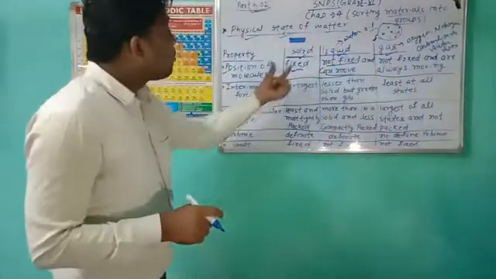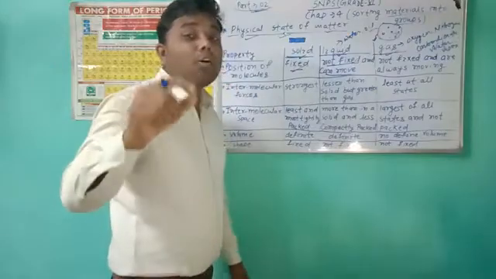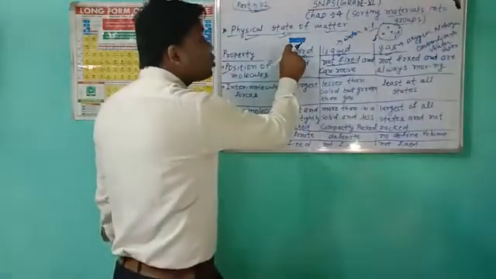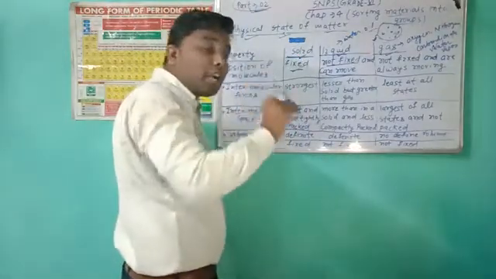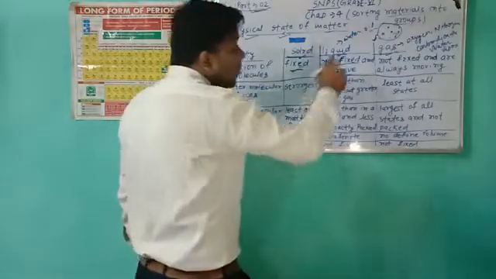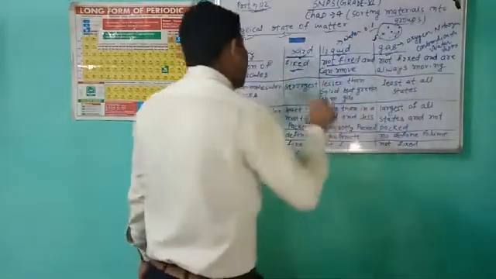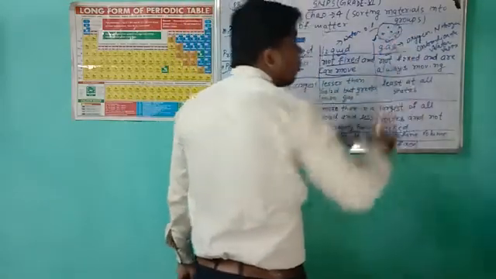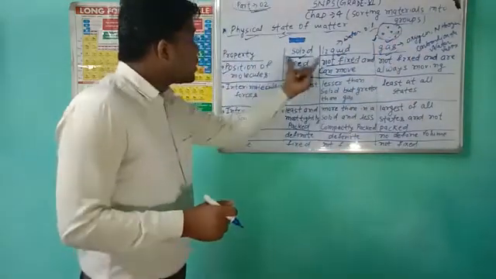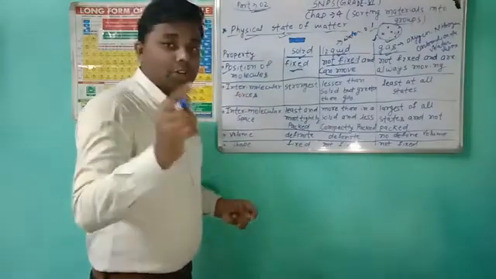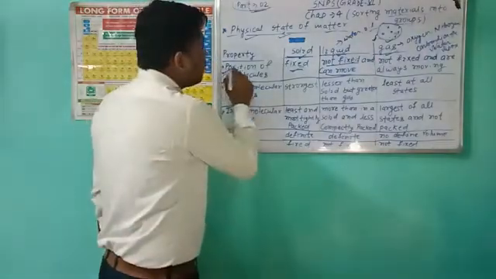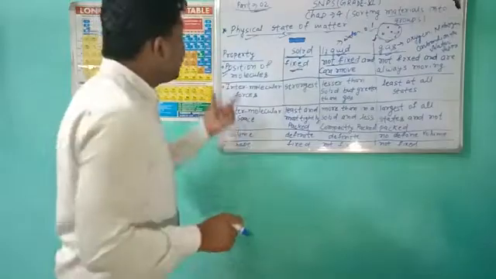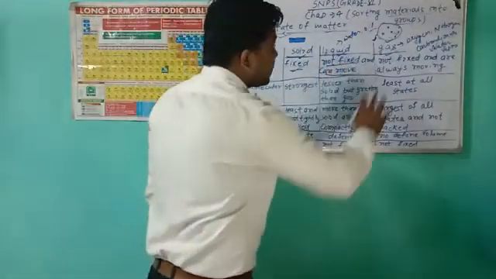But in solids, the molecules are very close to each other, with no spaces, whereas in gases the molecules are very far from each other. So these are the properties: the position of the molecules in solids, liquids, and gases.